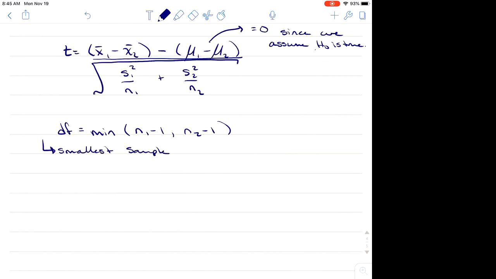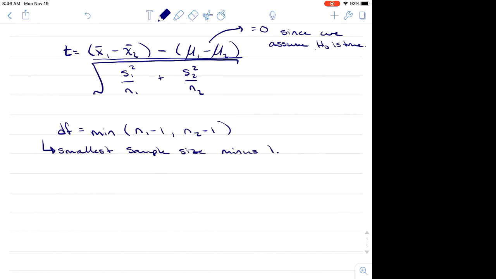Remember, our degrees of freedom has been our sample size minus 1. There are way more complicated ways of finding the actual degrees of freedom, but this is a conservative estimate, and it works just fine for us.